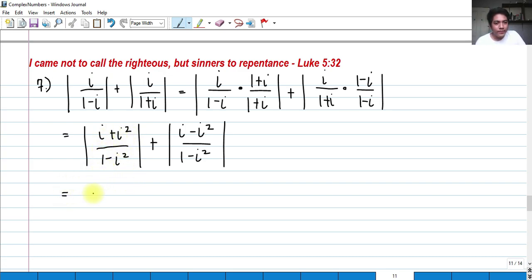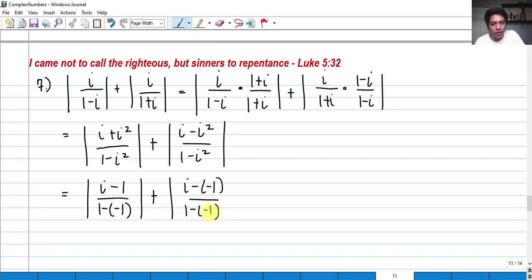So we have i plus i squared. We have i minus 1 over 1 minus the i squared, which is negative 1. Then we have plus i minus negative 1 over 1 minus negative 1. The modulus of that.